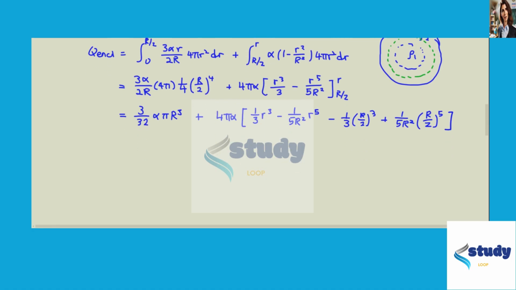So just continue the algebra. Okay, 3 over 32 alpha pi R cubed plus 4 pi alpha. So you can start to group the terms with the big R. Okay, so here I have 1/3 r cubed minus r to the 5 divided by 5 big R squared minus 17 big R cubed divided by 480.